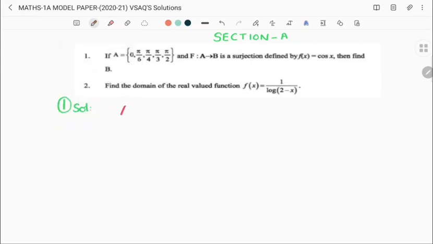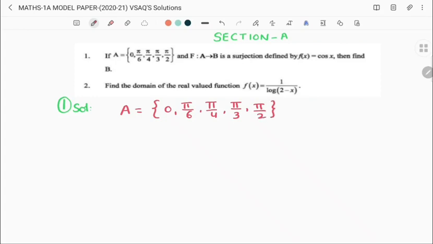Given A equal to 0, pi by 6, pi by 4, pi by 3, pi by 2. They are asking to calculate the B value.